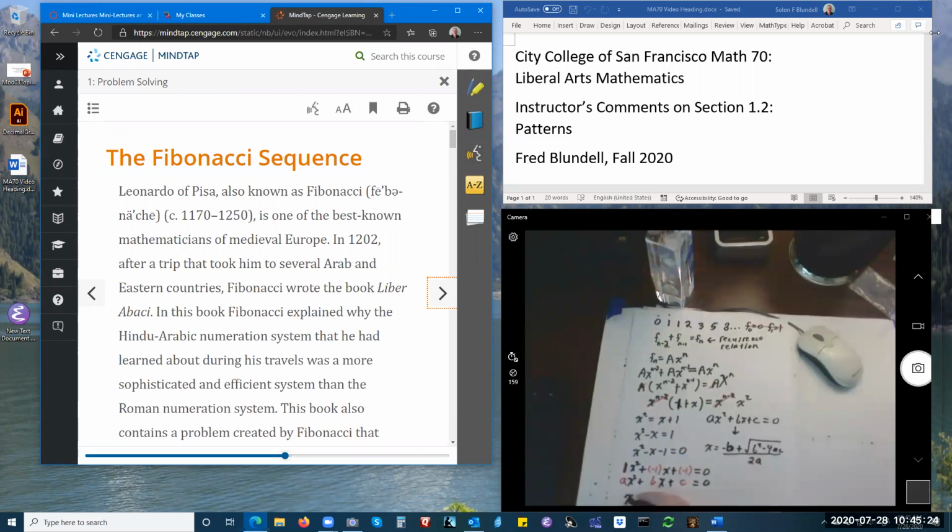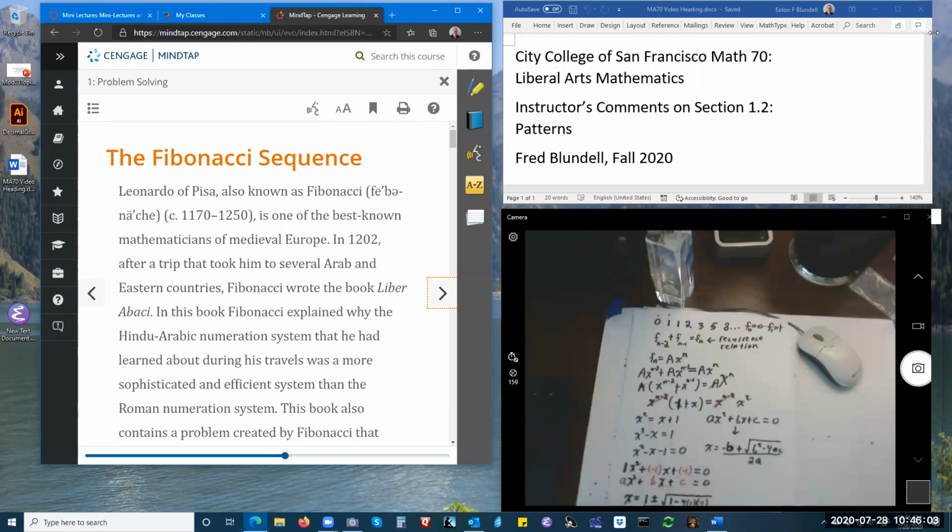So x is -1, that's 1, plus or minus the square root of b squared, that's -1 squared, -1 times itself, that's 1, minus 4 times 1 times -1, all over 2 times a, that's just 2 times 1.